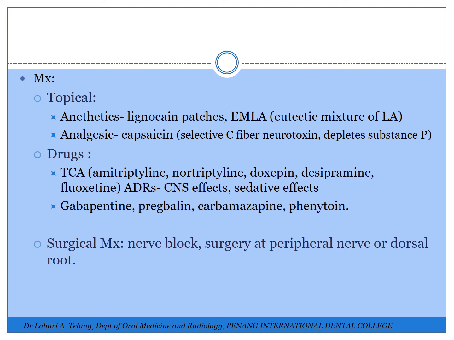This helps as it's a selective C fiber neurotoxin and depletes substance P. Drugs that have been used are tricyclic antidepressants like amitriptyline, nortriptyline, doxepin, or desipramine, but they do come with adverse side effects like CNS effects and sedative effects. Gabapentin, pregabalin, carbamazepine, and phenytoin have also been used. Surgical management in cases of post-herpetic neuralgia would be nerve block, or surgery at the peripheral nerve or dorsal root.